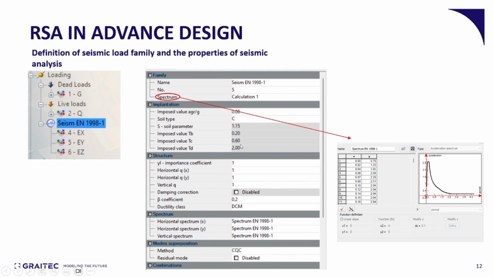They can change different parameters related to the ground acceleration and the type of soil. So basically, this changes the representation of the spectrum. Also, they can change parameters related to the structure, such as the importance coefficient, the damping, and the ductility class.